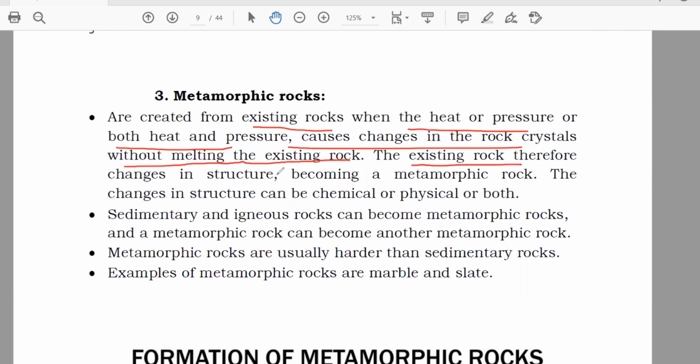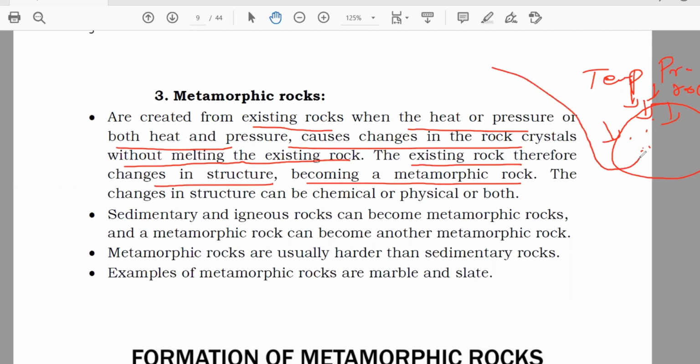The existing rock therefore changes in structure, becoming a metamorphic rock. What does it mean? You have a rock already, and if the temperature or the pressure on this rock is increased, with high temperature and pressure under the ground happening automatically, that rock will convert into metamorphic rock.